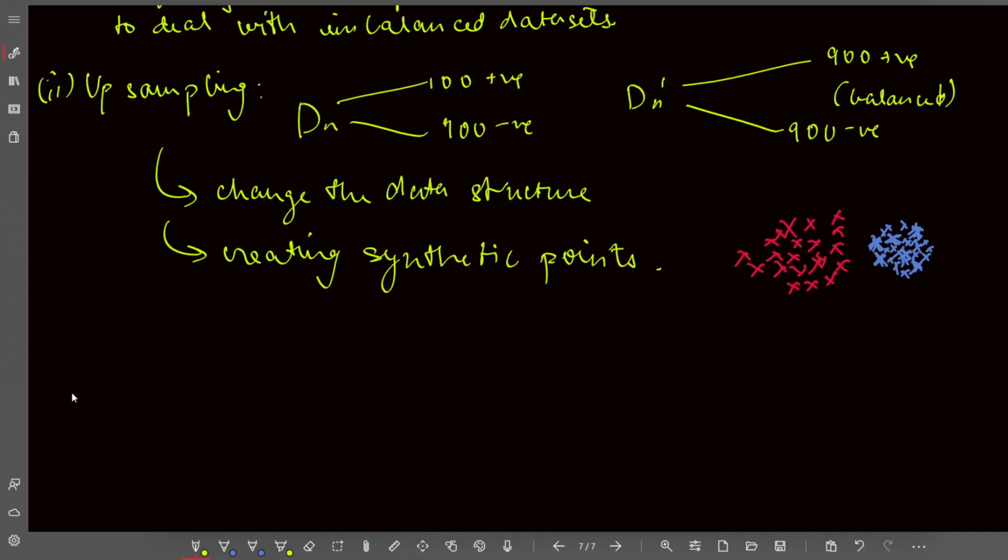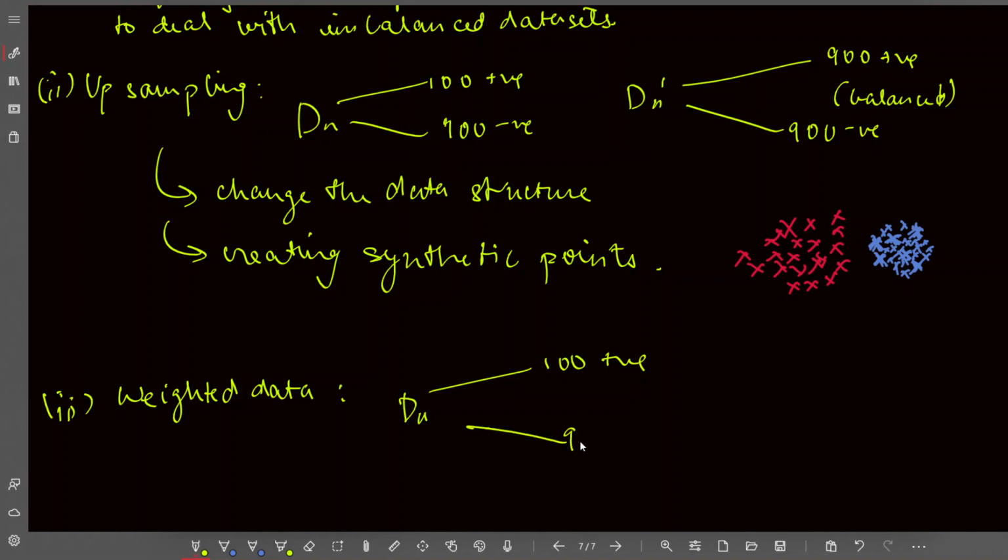And the third and another important technique is weighted data. What is weighted data is that, if I have the data set dn where I have 100 positive points and 900 negative points, each of these negative points would have a weight of 1.